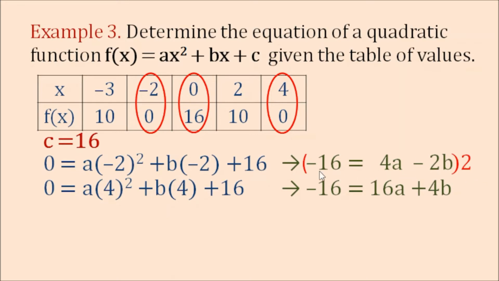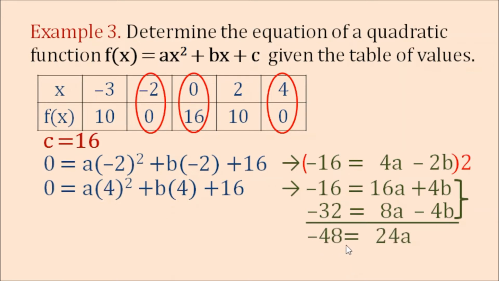So 2 times -16 is -32. 2 times 4a is 8a. And 2 times -2b equals -4b. And now we can add these two equations. So this is -16 plus -32, that's -48.